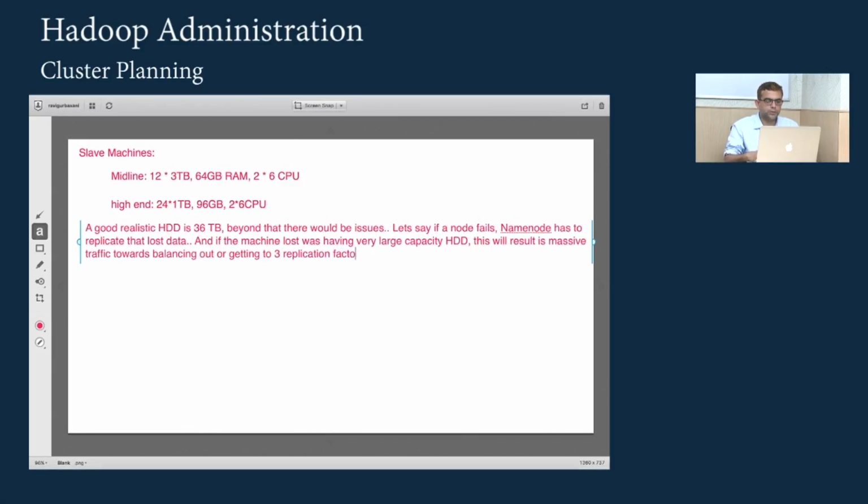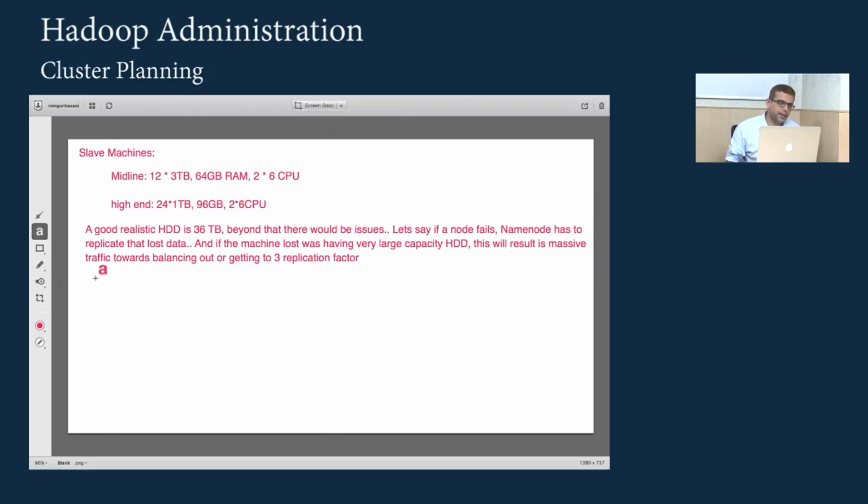So that's very important. So don't go for machines with a higher hard disk capacity than 36. That's a good maximum.